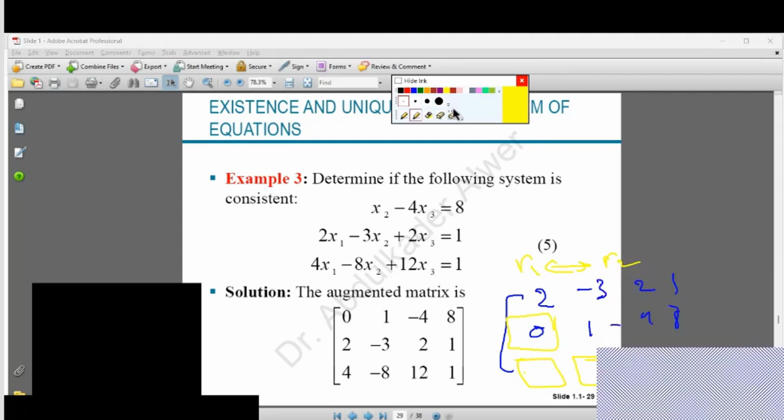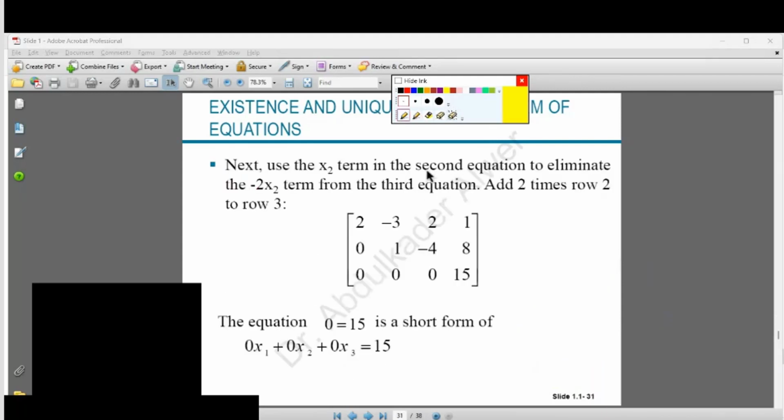Now, let's go ahead with this one and discuss the result. After solving this example, we have this. Again, your eyes on the last row, because this is the basic for us. 0, 0, 0, 15. That means 0 x1, 0 x2, 0 x3 equals 15.